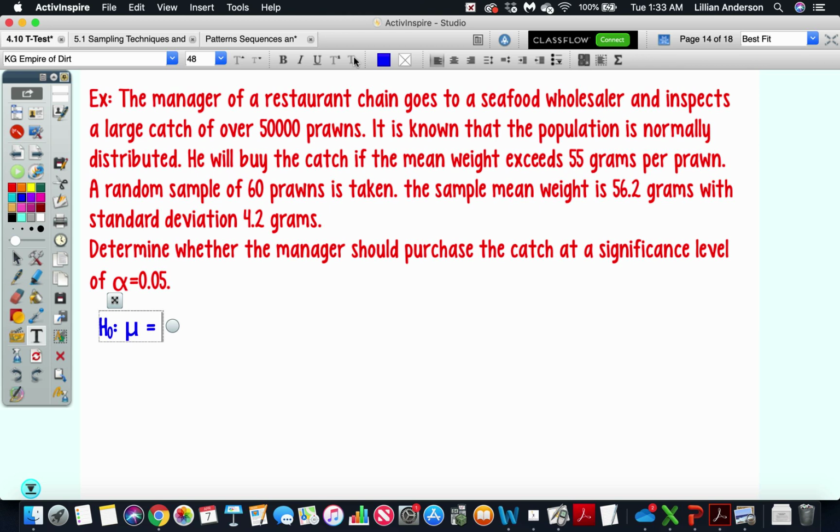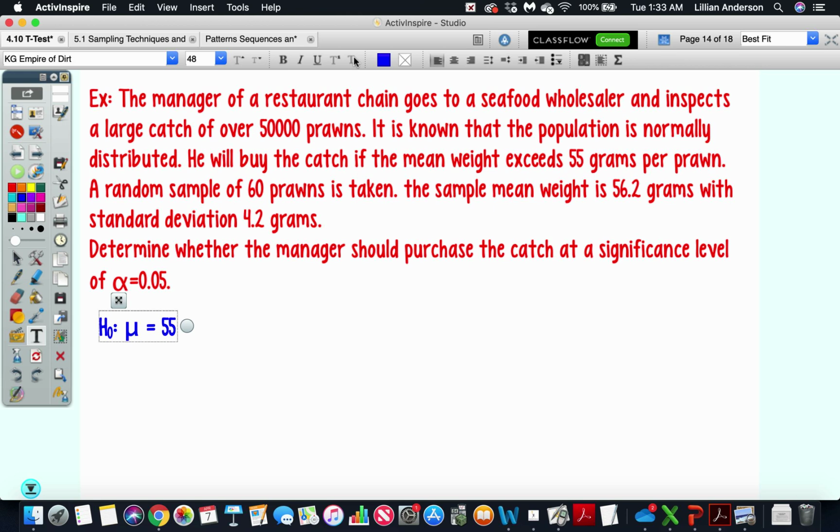Hopefully you pulled out of the 5 numbers here that it's going to be the 55, because 56.2 represents the sample mean, 4.2 represents the standard deviation, and 60 represents the sample that's taken from the 50,000 prawns. So 55 is what we're really concerned about, because we're trying to see if the mean weight is going to exceed that.